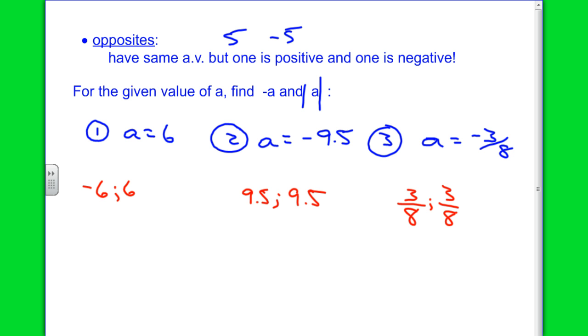So we have two answers for each. In the first case, the positive number has a negative opposite and a positive absolute value. Look at the second answer for each of these, they're all absolute values, they're all positive. Now the opposite depends on whether you started with a positive or a negative, okay?